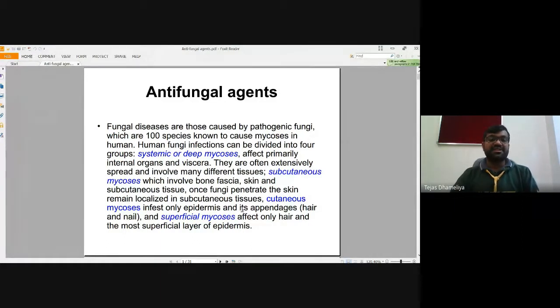This classification of fungi is based upon the infections they can cause, whether cutaneous, subcutaneous, superficial, or systemic. Depending upon this, all these fungi have been classified.